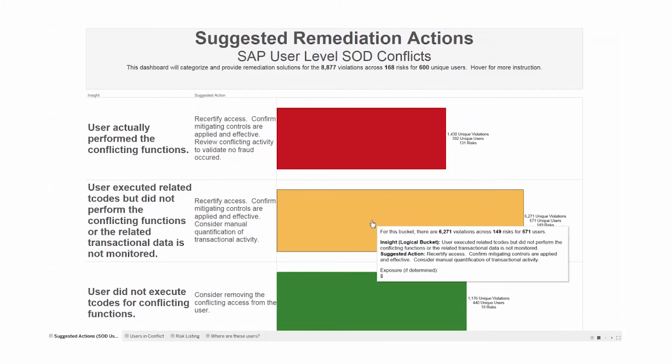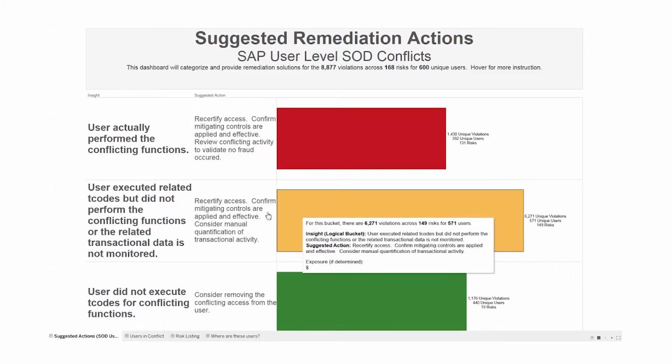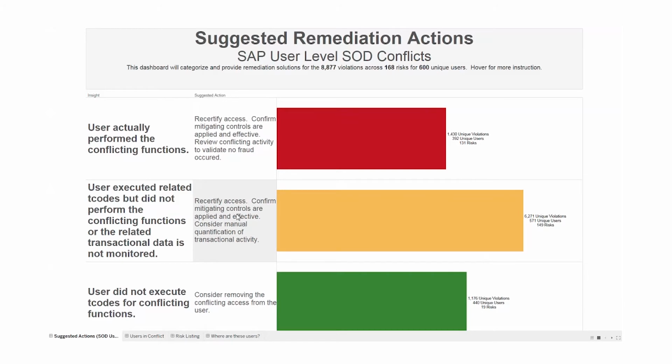For the yellow bucket, users have violated on the GRC access rule set. However, they have not performed any transactions in the background. They only executed a transaction based on the usage data within GRC. Our action for this bucket of users is to rectify the access. We should confirm mitigating controls are in place and operating effectively, and consider any manual quantification of the transactional activity.